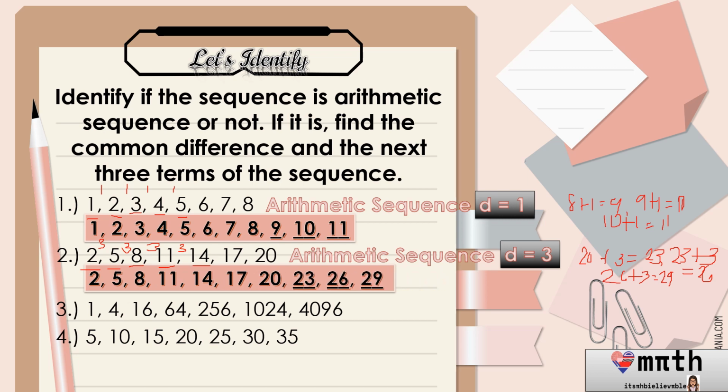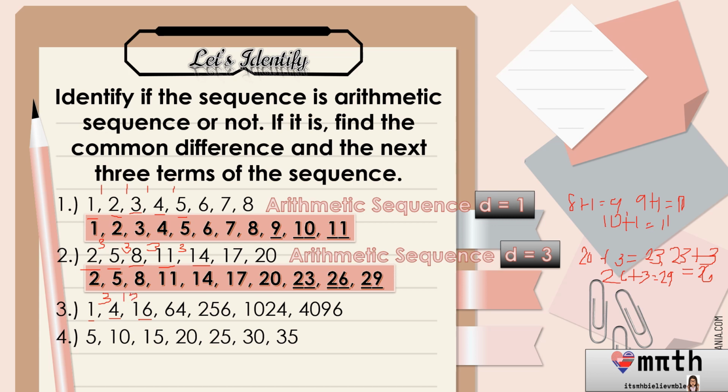Okay? For number 3, you have the sequence 1, 4, 16, 64, 256, 1024, and 4096. Let us first try if it has a common difference. So, subtracting 4 minus 1, that is 3. 16 minus 4 is equal to 12.